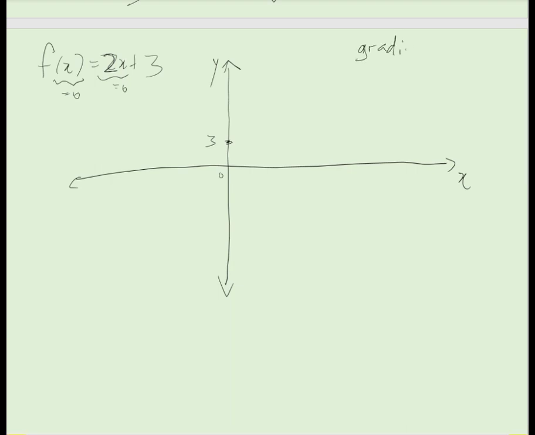Now what does that tell us? Well, if the gradient is 2, that's telling us that the change in y over the change in x is equal to 2, which means that the change in y is equal to twice the change in x. So if we move 1 unit in the x direction, we must move 2 units in the y direction.